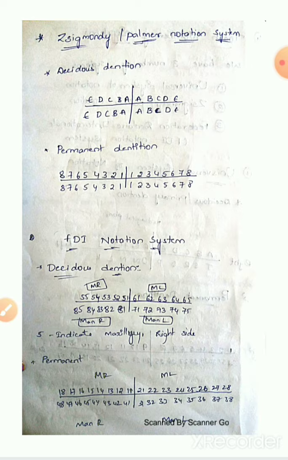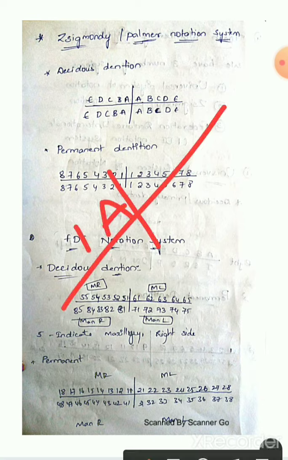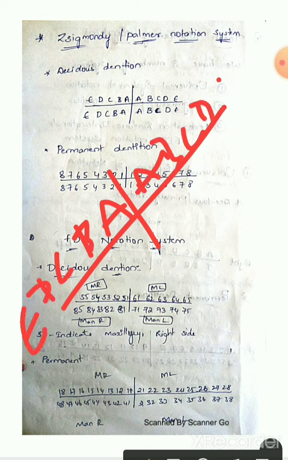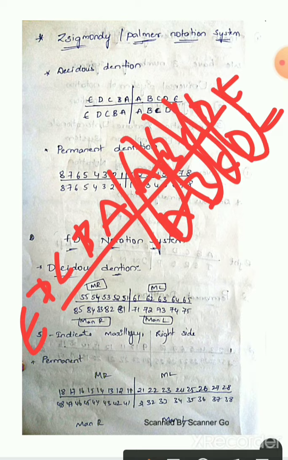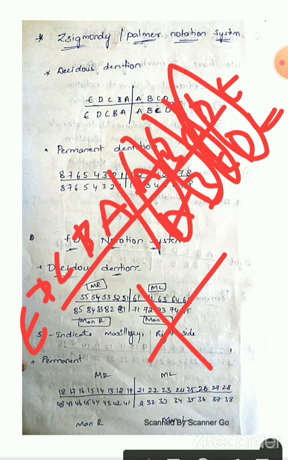very difficult to communicate. Here every tooth has the same letter, for deciduous A B C D E, A B C D E, but each having the same name. I mean, centrals are A, laterals are B, canines are C, first molar and so on, every tooth having the same name, but the quadrant gives the idea of what tooth we are talking about.